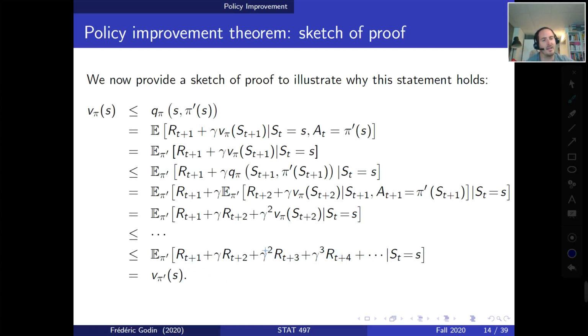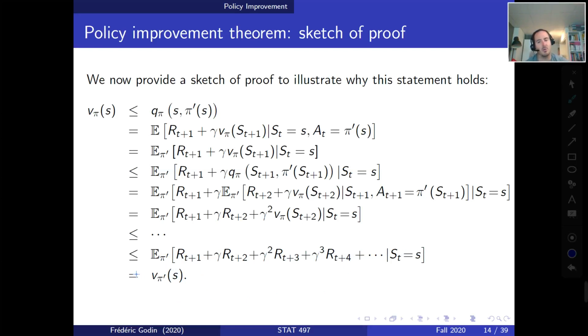Well, it's not exactly a geometric series, but the first reward is discounted by gamma to the power 0, the second reward by gamma to the power 1, the third reward by gamma to the power 2, etc. And this expression is the sum of expected discounted rewards if you follow policy pi, which is simply v pi of s. And this completes the proof.